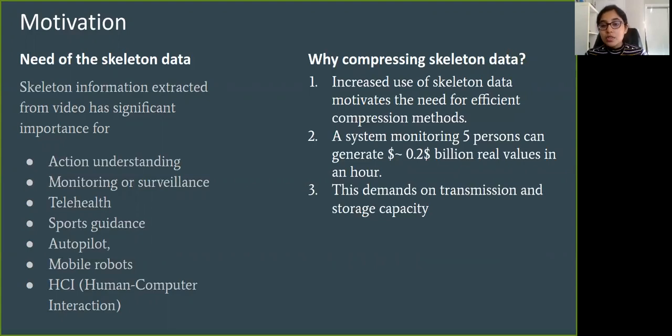So we can imagine how huge the data amount will be if some system is monitoring labors in a factory for a day. So this demands on transmission and storage capacity. So that's why we want efficient algorithms to compress the skeleton data.